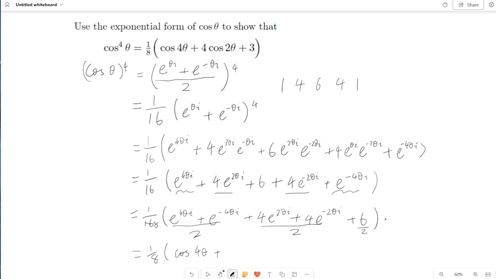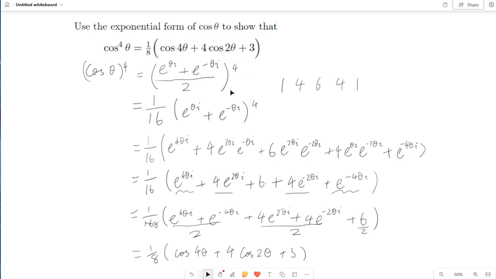Plus, okay, 4 times, as you can see here, 2 theta minus 2 theta, once again, conjugates, divided by 2, that's cosine again. And then, of course, last bit is 3. And it is, in fact, what we were meant to do.